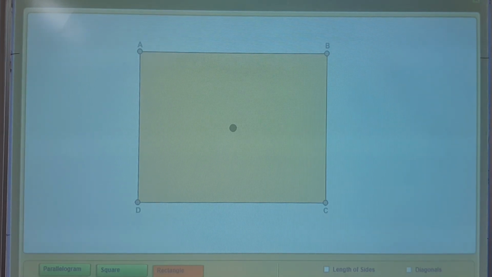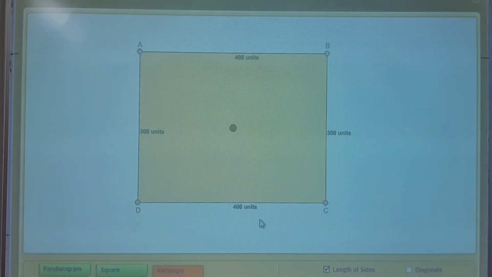So here, what are the properties of a rectangle? What about the sides? Look at this. These two are opposite sides. These two are opposite sides. So opposite sides are equal in a rectangle. And then what about this? Parallel or not? Opposite sides are parallel also.